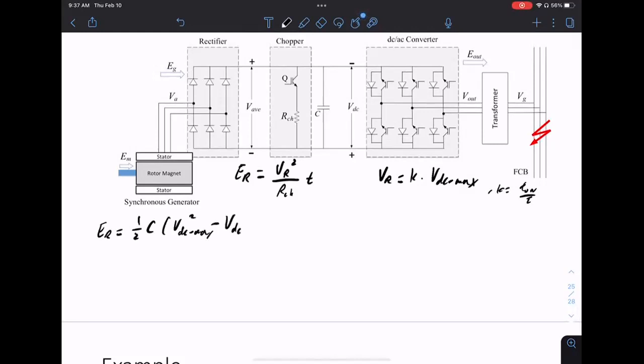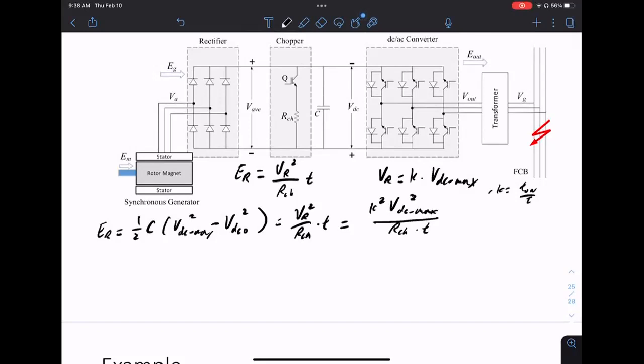This is equal to VR squared over RCH times T, which is equal to K squared VDC max squared over RCH times T. This is energy building up across time T. I want to find a K such that I get rid of this much energy. So we're going to solve for K.